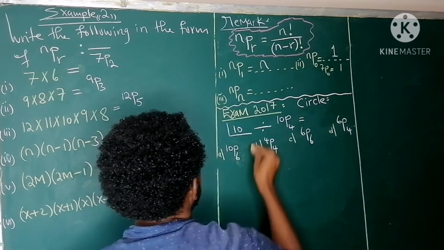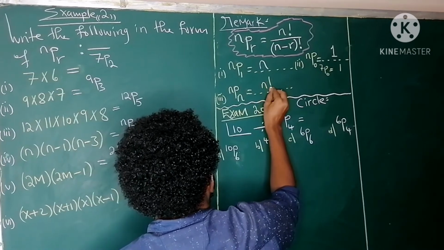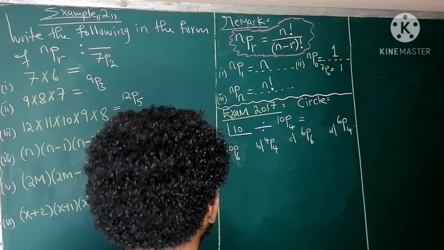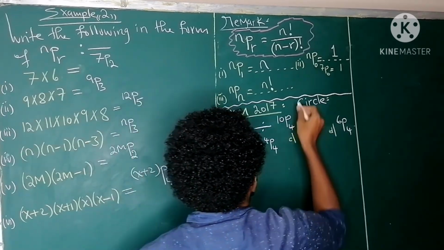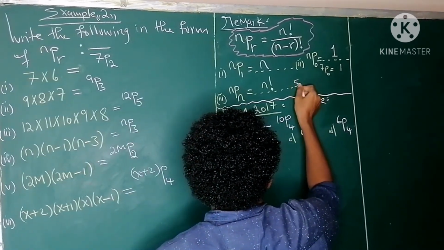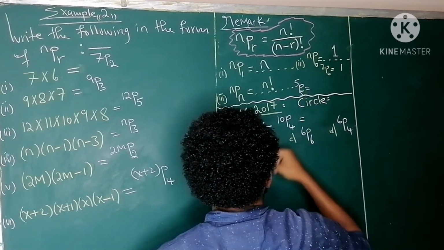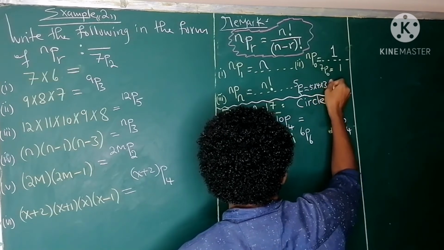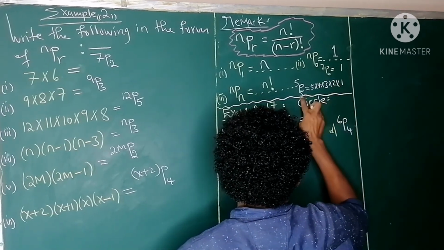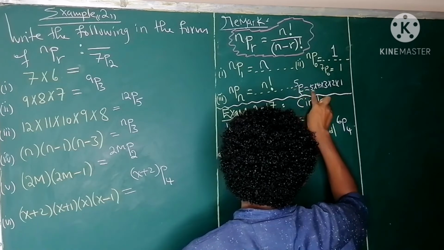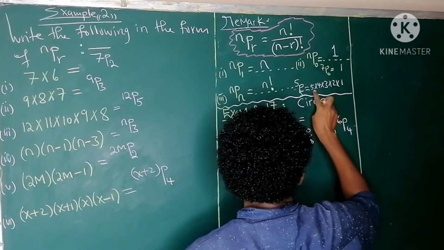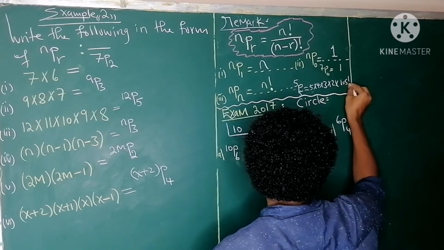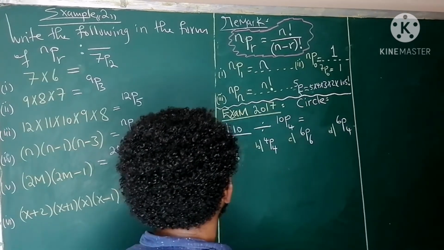So the answer here is n factorial, for example 8 factorial. And it makes sense, because how do we calculate 5P5? It is 5 times 4 times 3 times 2 times 1, 5 factors. The beginning is here, 1, 2, 3, 4, 5. 5 times 4 times 3 times 2 times 1, this is 5 factorial. So it is n factorial.